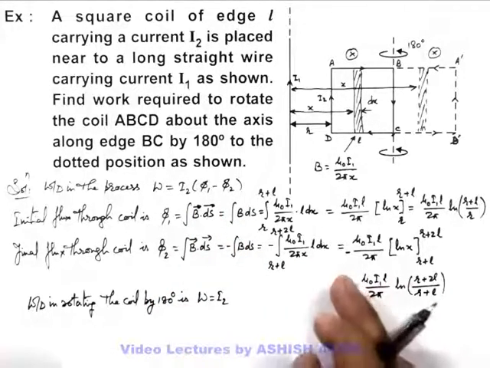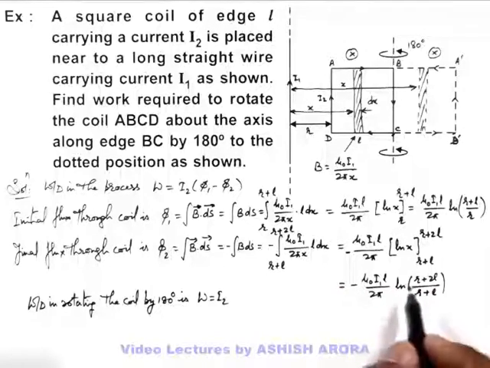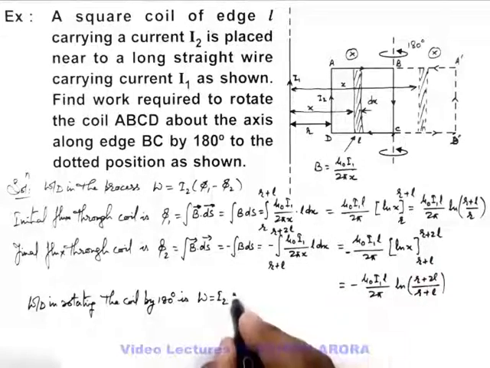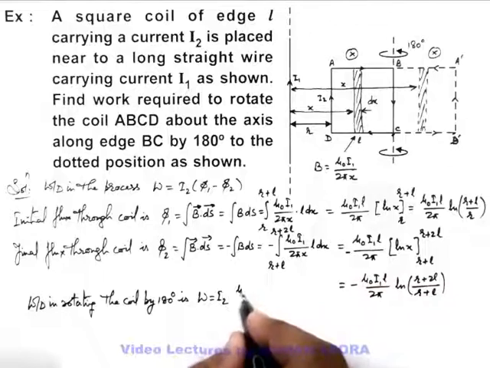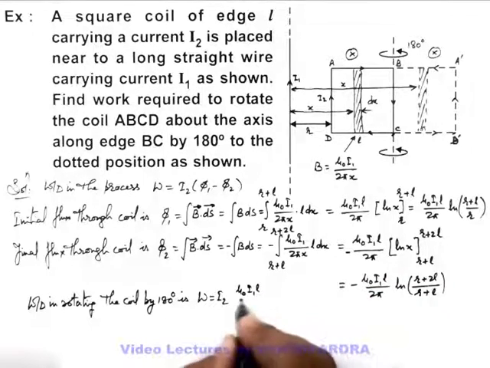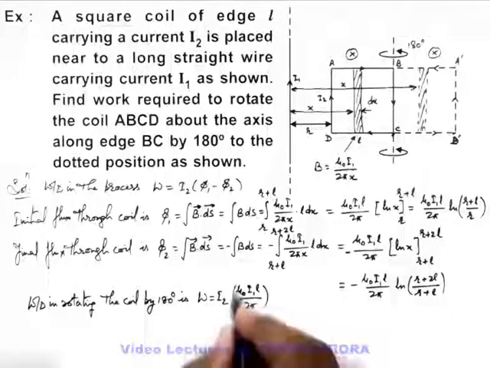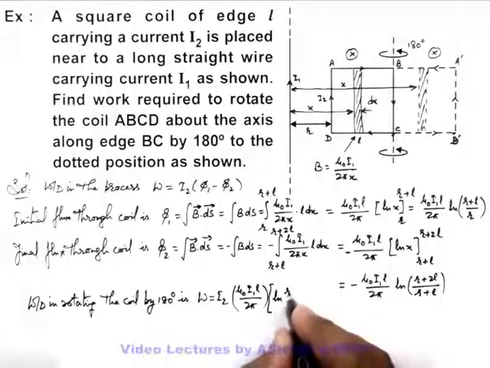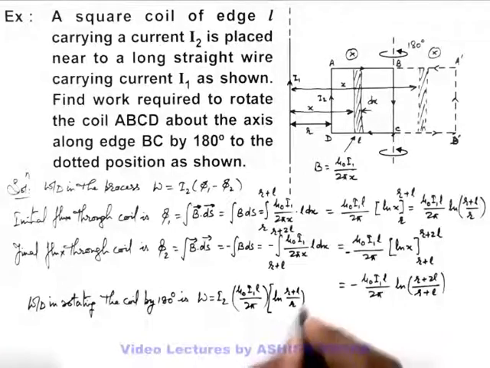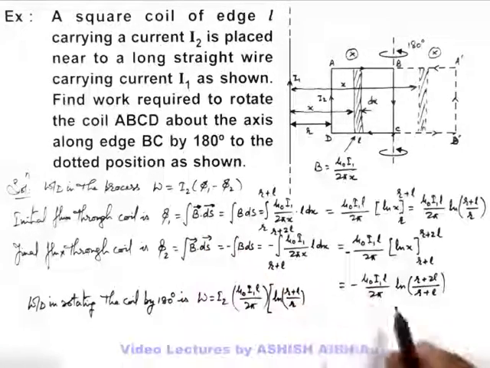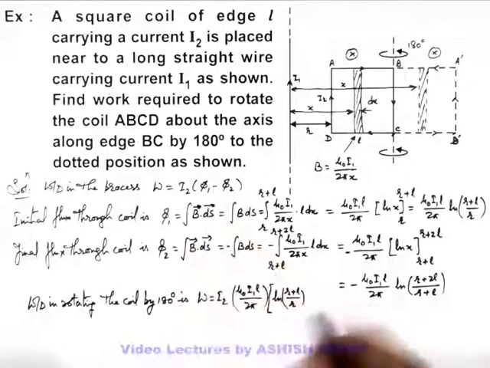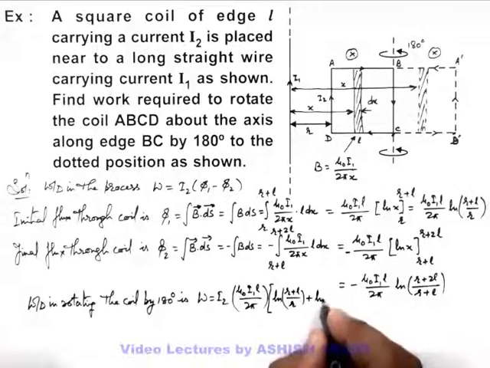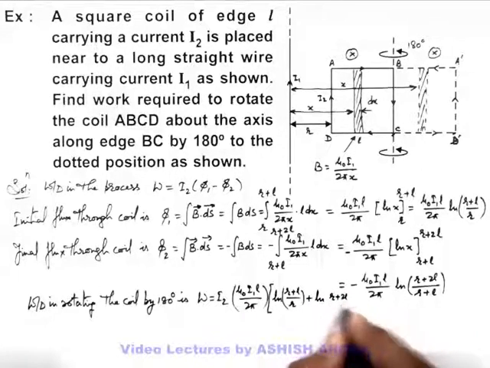Here if we substitute the values, phi1 is this, and I can take the term mu naught I1 L upon 2 pi common. Inside I am having ln of (R plus L) by R and minus of phi2, so this minus and minus will become plus. This will be ln of (R plus 2L) by (R plus L).